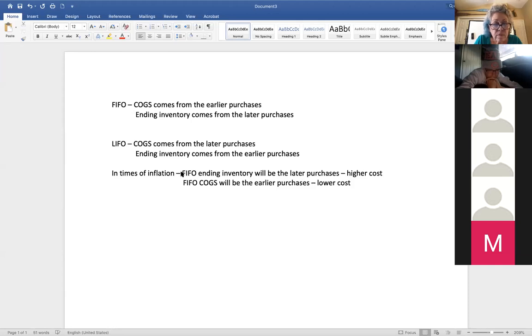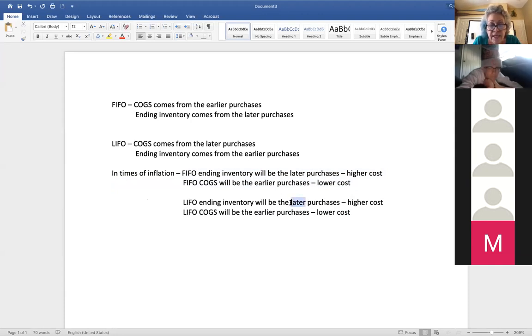LIFO will be the opposite. LIFO ending inventory is going to be my earlier purchases, which are going to be lower cost.